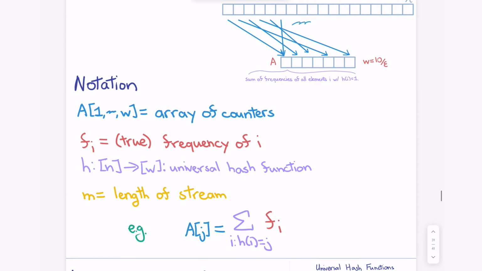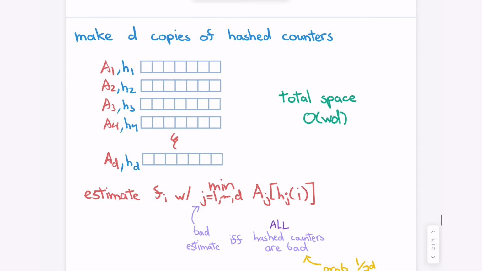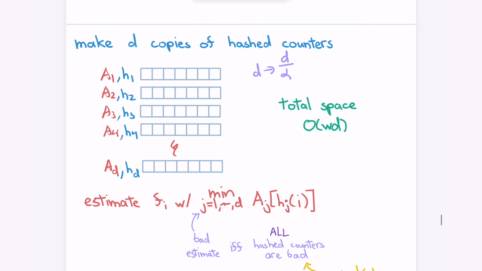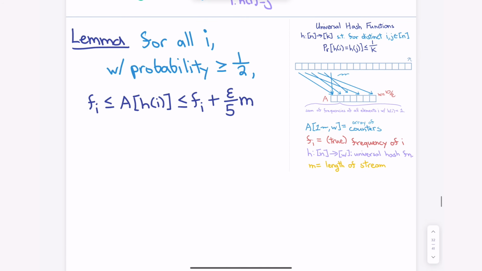Okay, and then down here, I'll go from D to D over alpha. So the total space will remain constant. This W times D. Okay. Now, I think if you do this correctly, this might go down to something like 1 over 2 alpha or something, if I remember correctly.